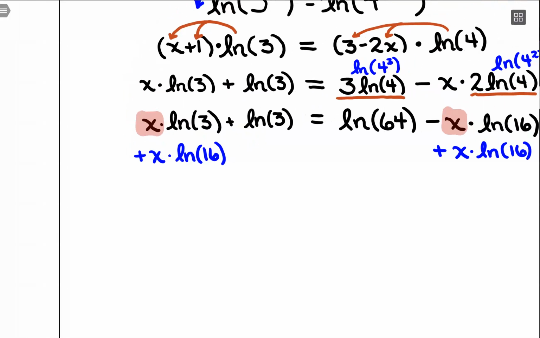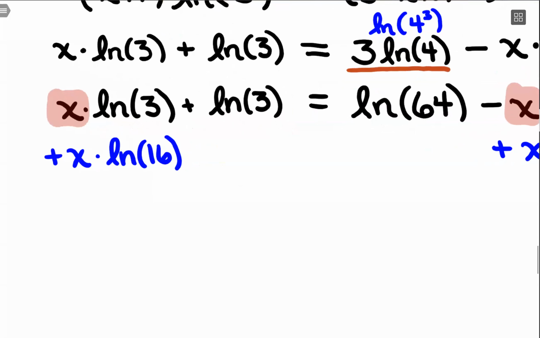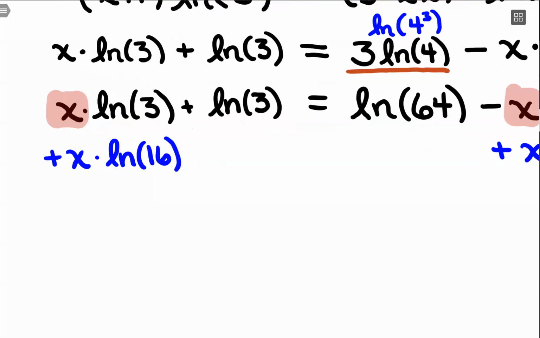So that'll get all of my x values on the left-hand side. However, I'll still have this little extra natural log of 3 over here. So I want to move that as well. I'm going to go ahead and do this in one step. If you want to separate it into 2 steps, that absolutely works as well. But subtracting natural log of 3, subtracting natural log of 3.